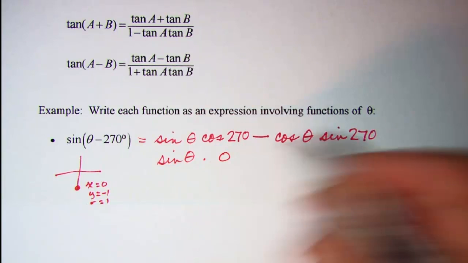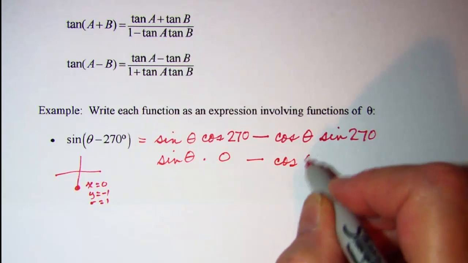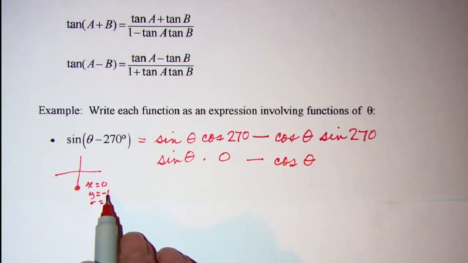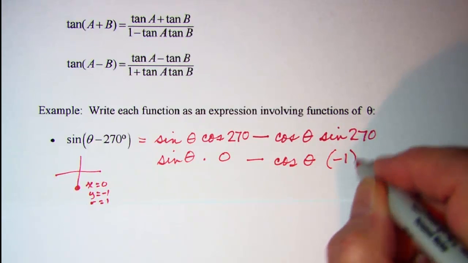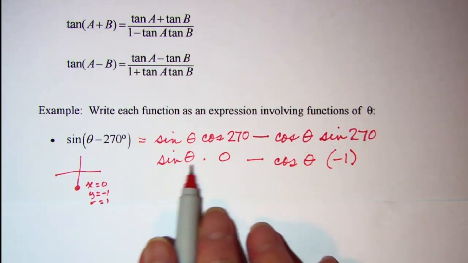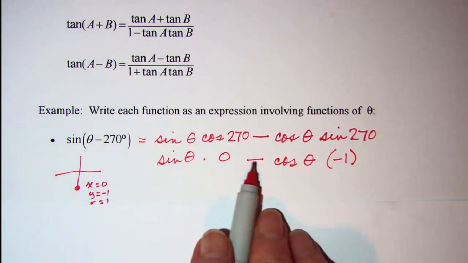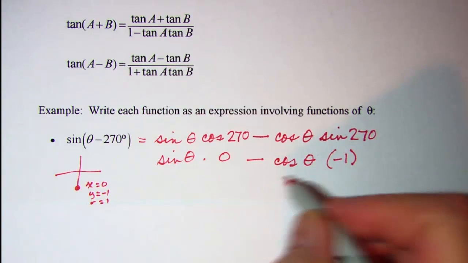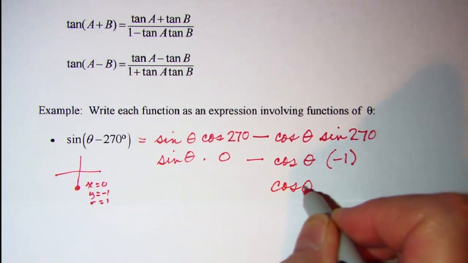So this is 0, minus, and then the cosine of theta, times, in the sine of 270, that would be y over r. So -1 over 1, so that's -1. So this sine theta times 0 is just 0. And then we have a negative times a negative, which is a positive, so this will just be a cosine theta.